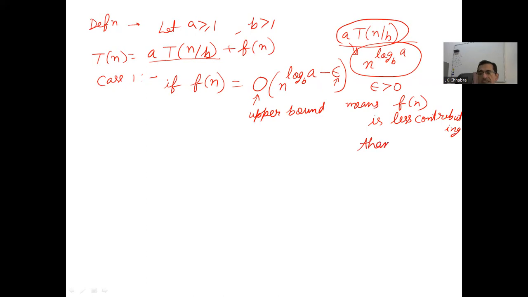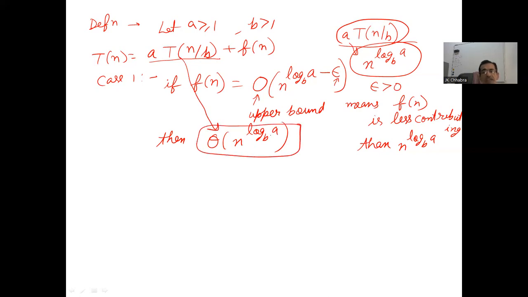So if that is the case, then my total time complexity will be theta of n power log b a, because this term contributes and this is the dominating term.